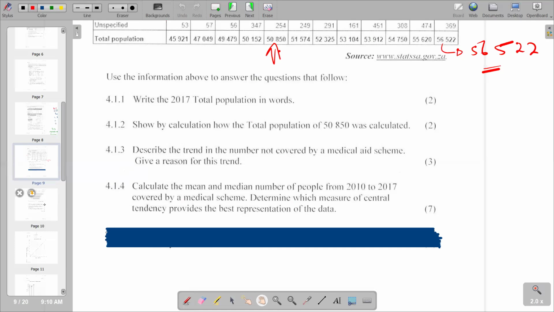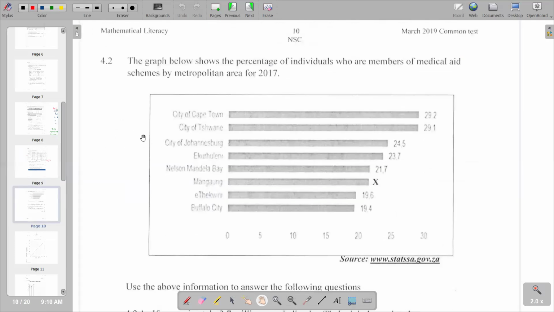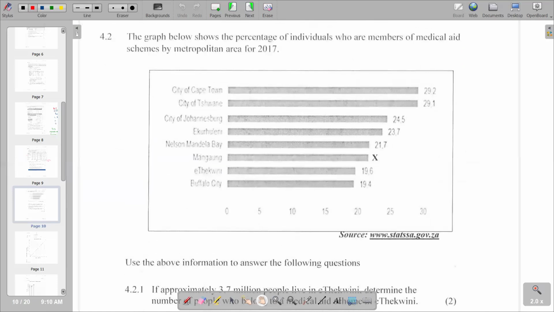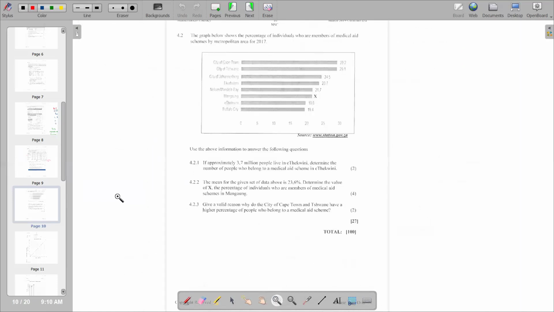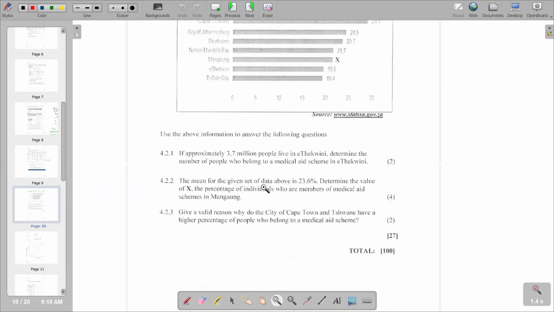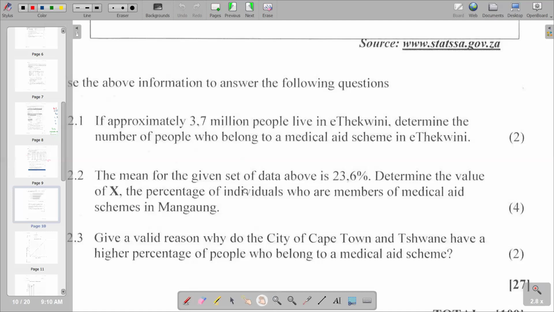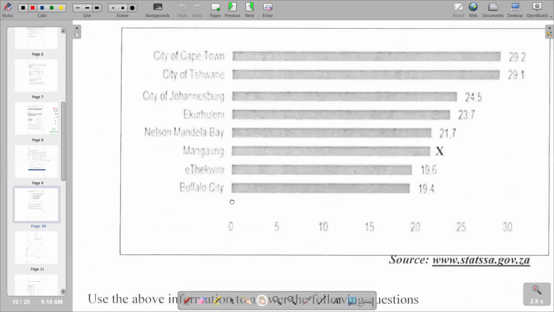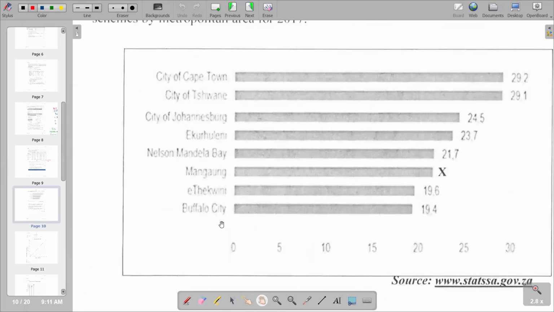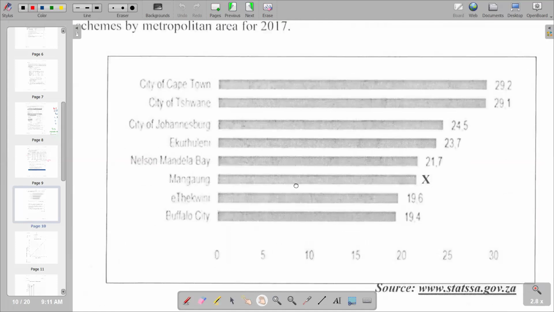Then we go to the next part, which is going to be 4.2. The graph below shows the percentage of individuals who are members of medical aid schemes by metropolitan area for 2017. So you are given the metropolitan areas. You see that we've got the city of Cape Town going down to Buffalo City.